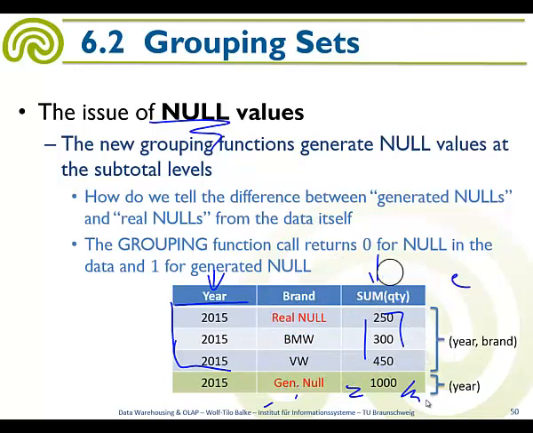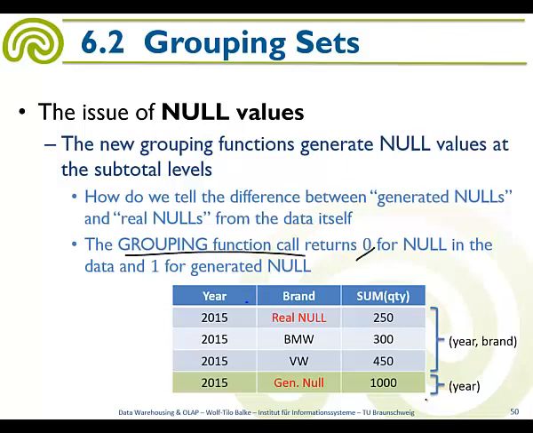Between the generated nulls that are typical signs of aggregation columns or aggregation rows, and the normal null values that are in the data, right? And this is done by the database system. So the database system takes care of the difference, and there's a grouping function call where a 0 is returned for a null that is really immanent in the data, and a 1 for a generated null that is only there because something has been aggregated. Okay? Clear how it works?